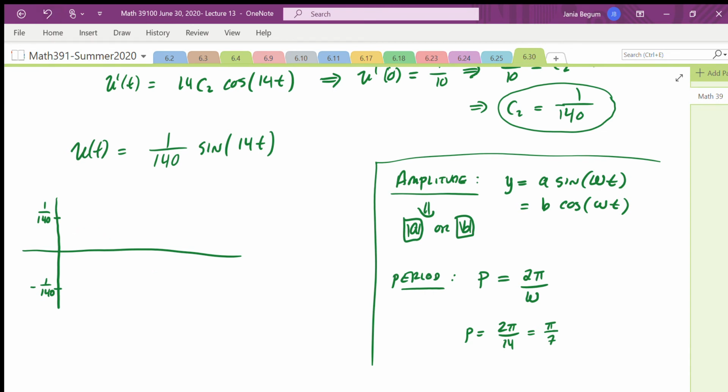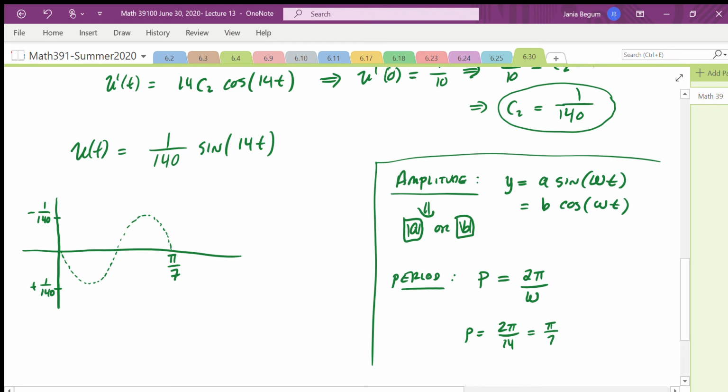So this is negative, that's positive, and our solution looks like this, because downward is positive for us and upward is negative. That's why it's a reversed sine curve. Now keep in mind, it completes one cycle at pi over 7.